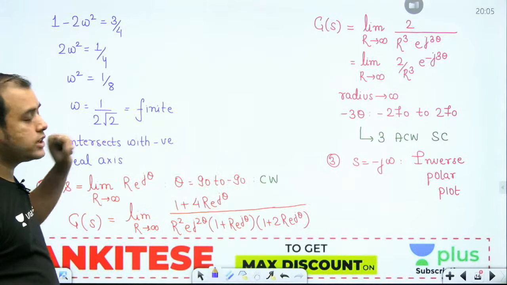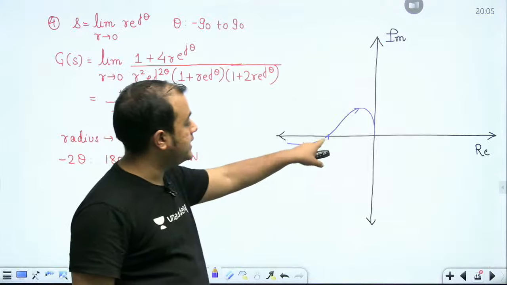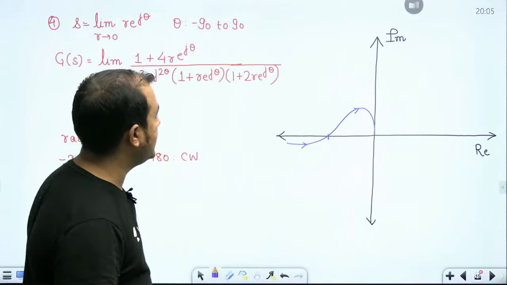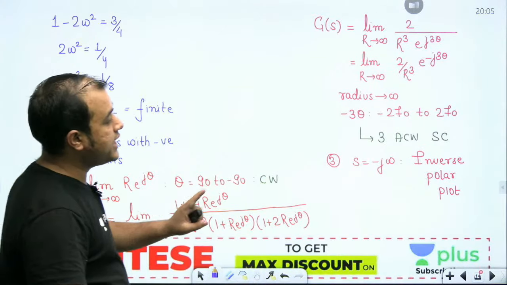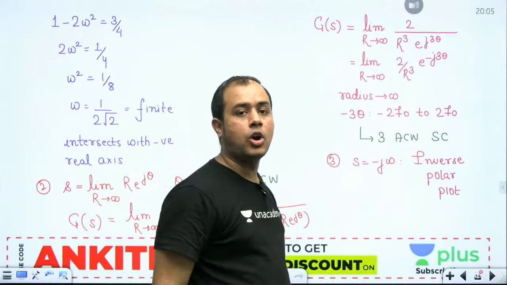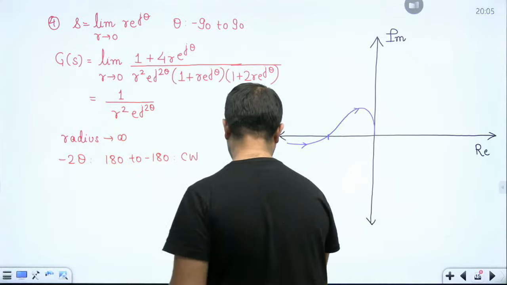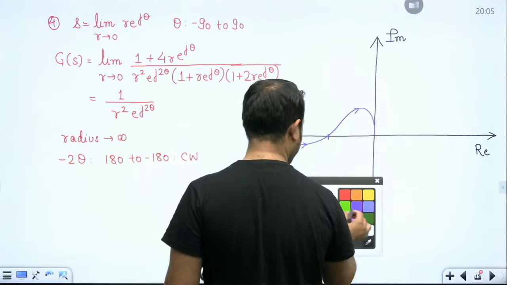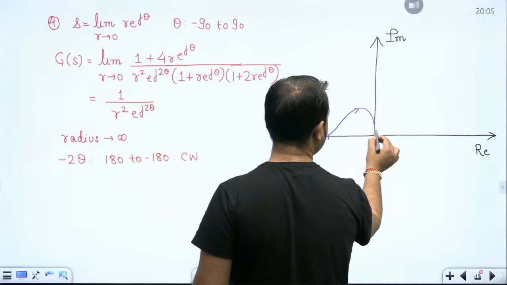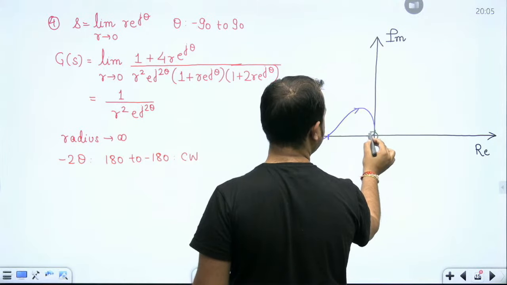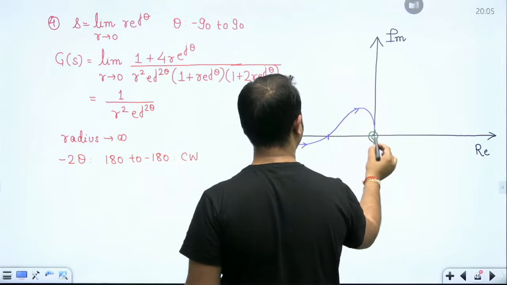See, at omega equal to 1 by 2 root 2, you will get an intersection with the negative real axis. Now we have 3 anti-clockwise semicircles. So how? One circle, one semicircle, like this.